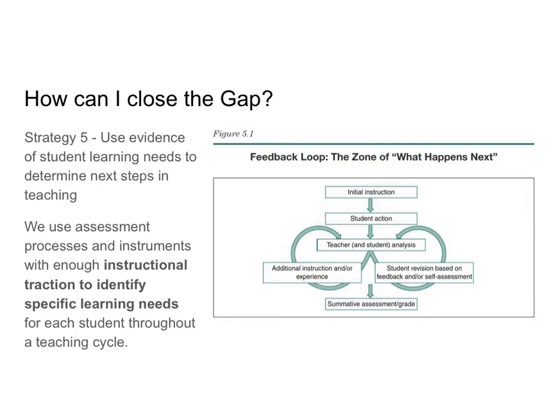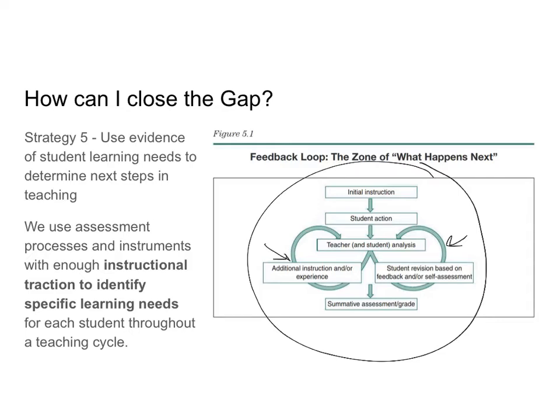So to start off, I just want to introduce or reintroduce this topic of closing the gap, because this is so important. I think this feedback loop here is really the key to understanding this idea. Starting with initial instruction, going to student action, teacher and student analysis, then this is the key part, having additional instruction and or experience, student revision based on feedback, then going back to teacher and student analysis, and finally to the summative assessment.